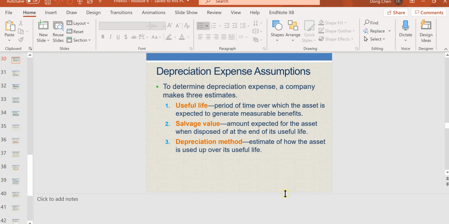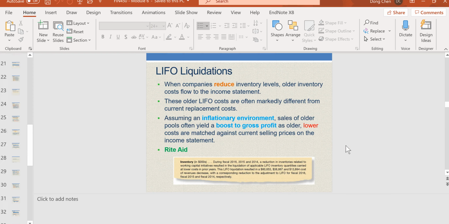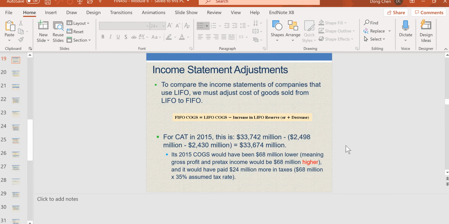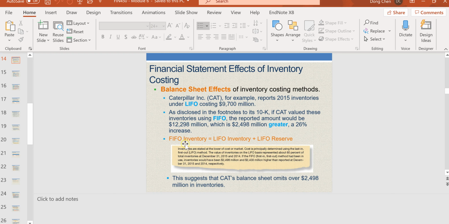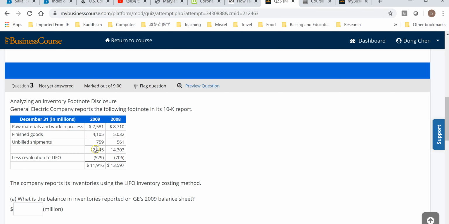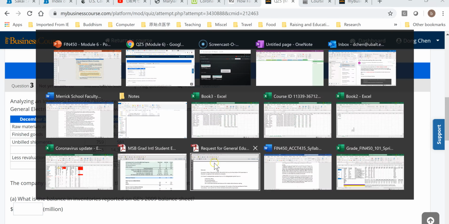If you go back to the lecture slides, the FIFO inventory equals LIFO inventory plus LIFO reserve. So basically, this column here is the FIFO, and then we subtract this LIFO reserve, and that equals the LIFO amount at the end of the table.